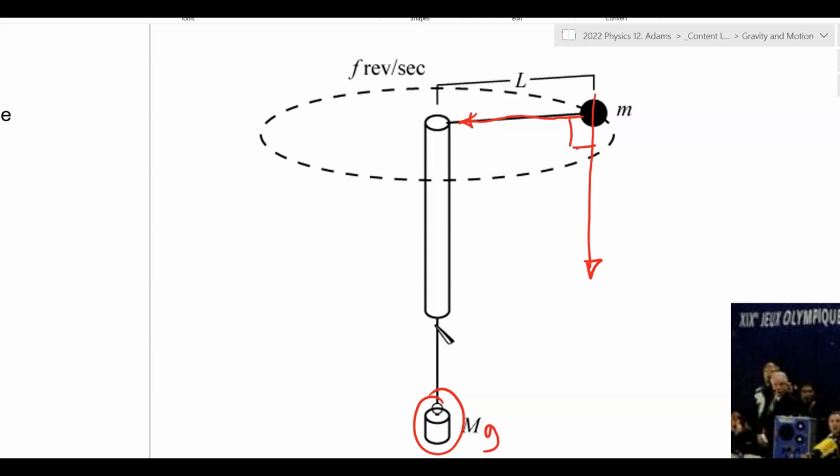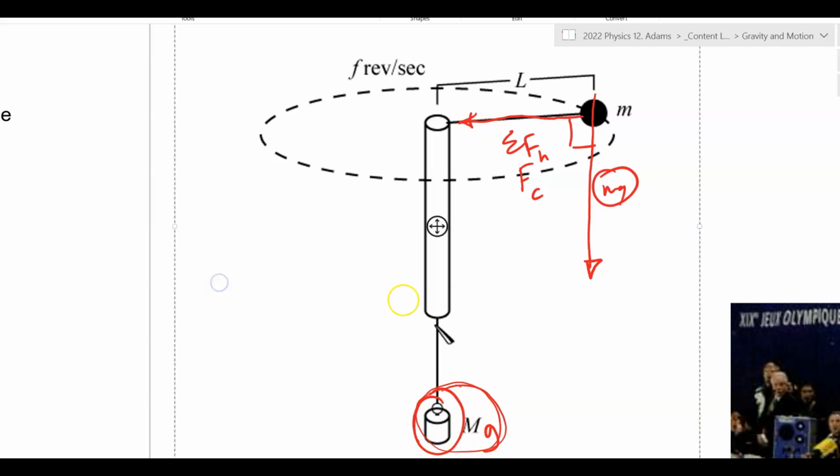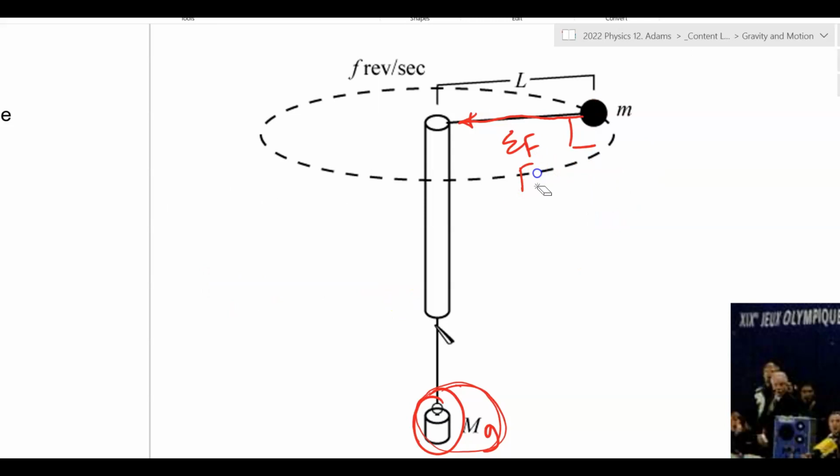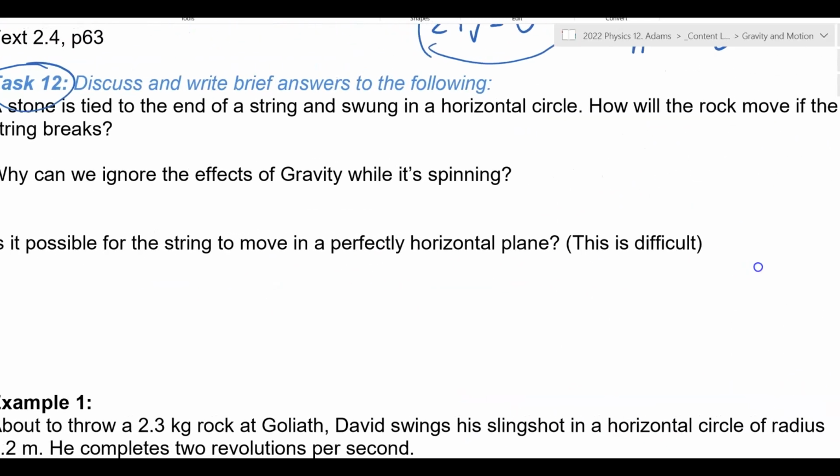It's perpendicular to our net force or our centripetal force, and that's all in the horizontal direction, whereas of course mg is vertical. Don't get it confused with this mg here, that's the one that's actually providing the tension in the string. I'm going to rub that out.